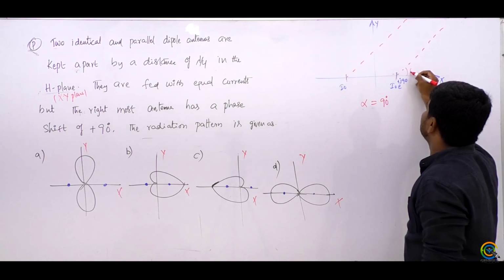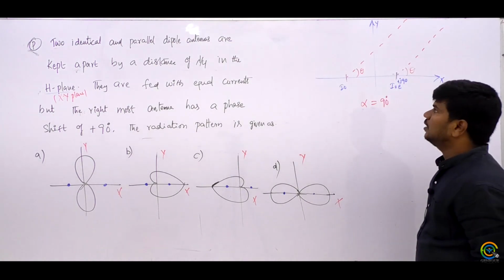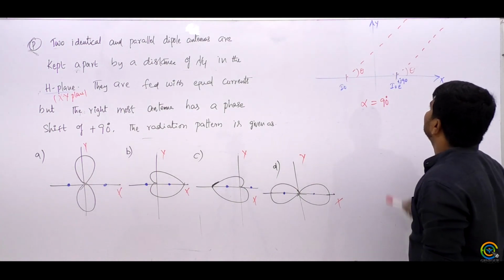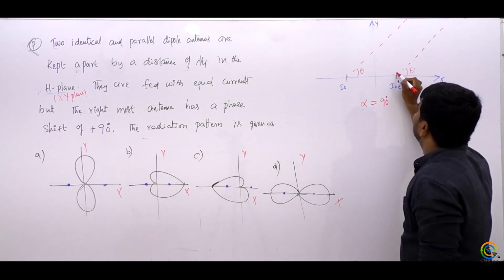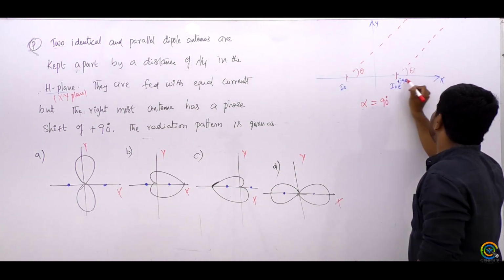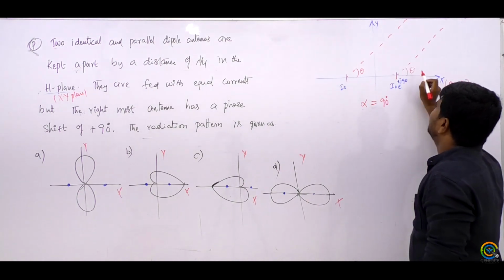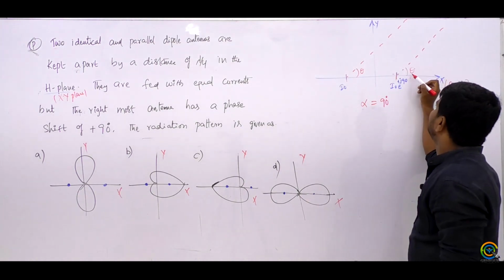Let us suppose this is the theta. This is the theta value, because it is from this horizontal axis. So theta is always calculated as what?